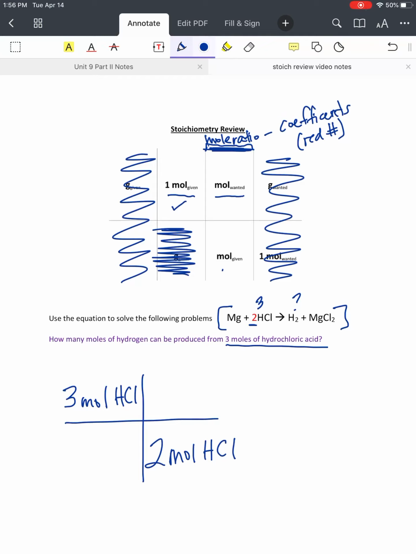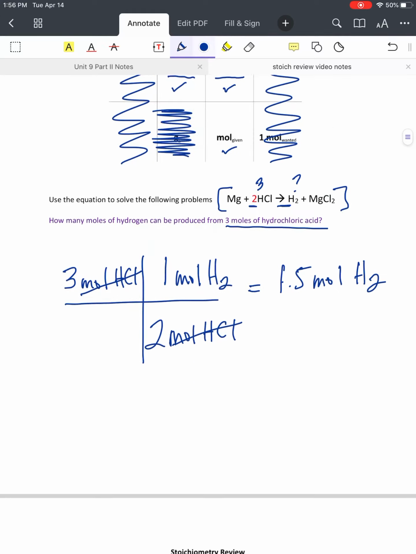Now I've done my moles given and used my ratio on the bottom. Now I need my ratio for what I'm looking for, which is hydrogen. What number is in front of hydrogen? Just 1. When I type that in my calculator, I'm just going to type 3 divided by 2. So the answer is just 1.5 moles of hydrogen because these cancel out.